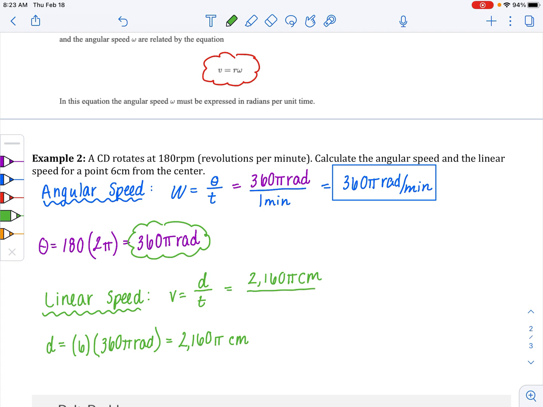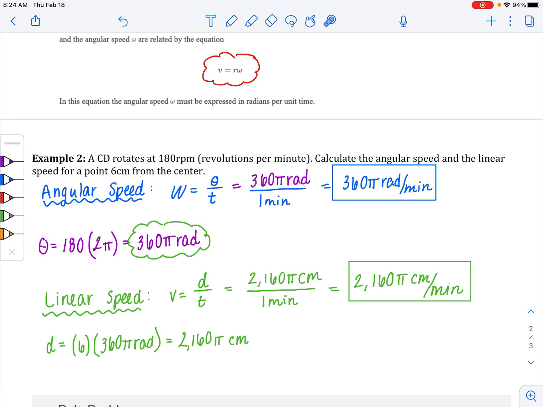And again, our unit on the bottom is going to be 1 minute because it's revolutions per minute. So my linear speed overall is 2,160 pi centimeters per minute. That is how fast the actual point travels, centimeters per minute.